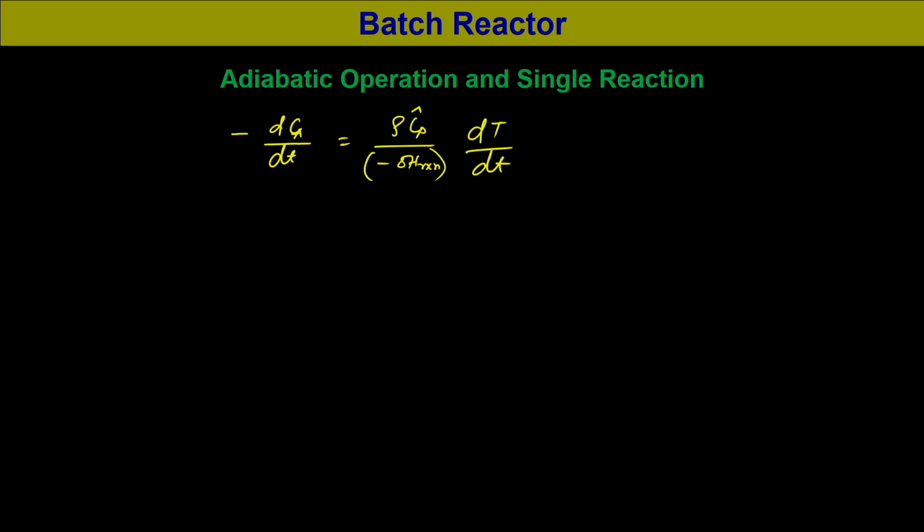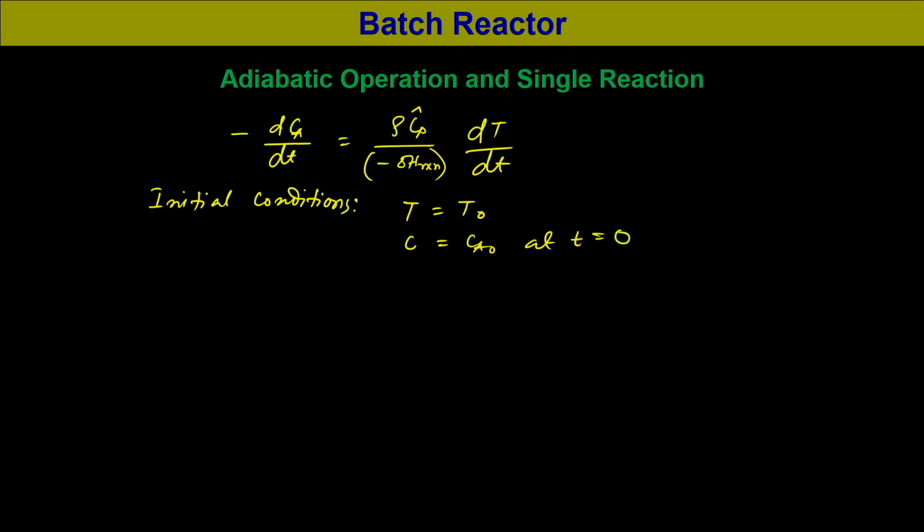Initial conditions: T is equal to T naught, Ca is equal to Ca naught at t is equal to 0.